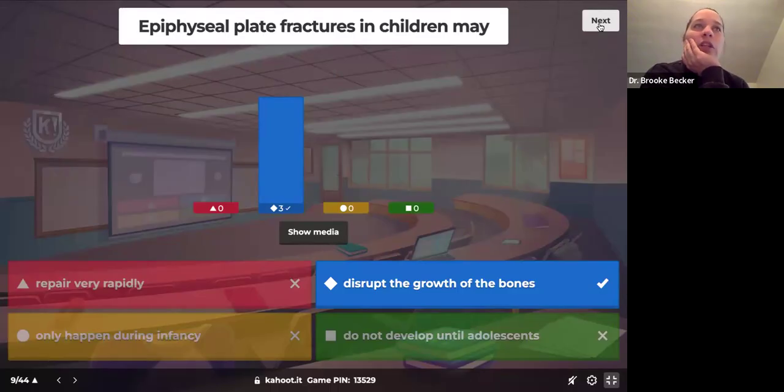Maybe you guys haven't read for this week yet, but that's what your reading is for this week. These are fractures around the growth plates. So the epiphyseal plate is another term for growth plate. If there's fractures in these areas, then it's not unlikely that these kids can have delayed growth in those bones that they fractured.